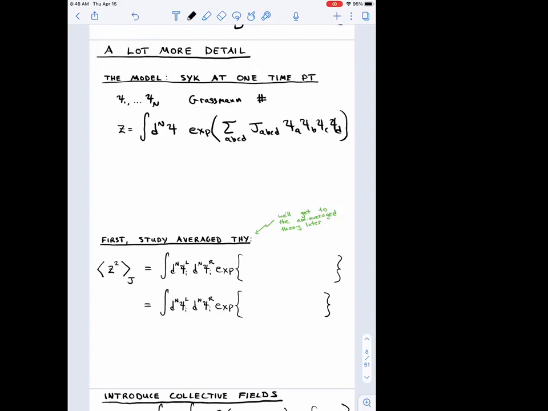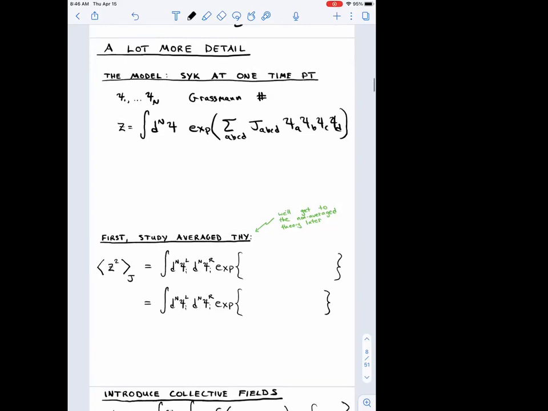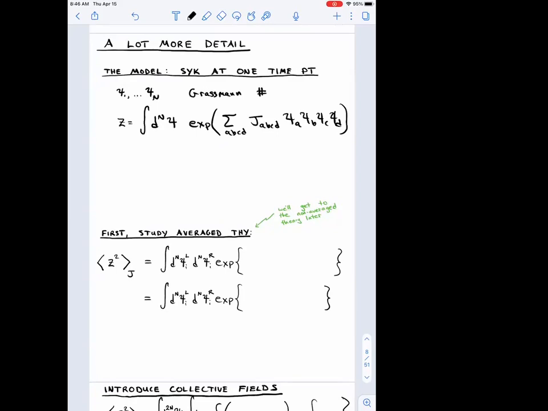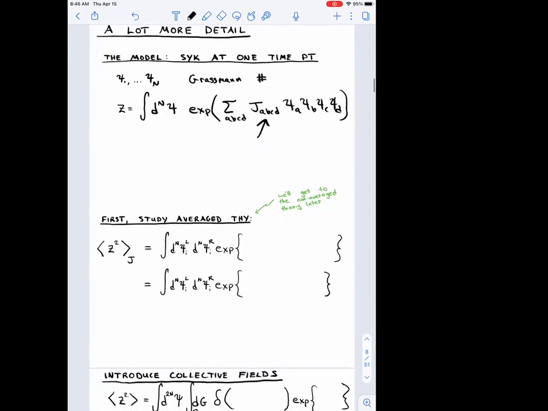This is an example of what people sometimes call a hyper-Pfaffian. And it depends on a tensor of couplings, J_ABCD. So this is the quantity Z that we're going to study. It's an extremely concrete quantity. Draw some couplings, do this integral. That's what it is.